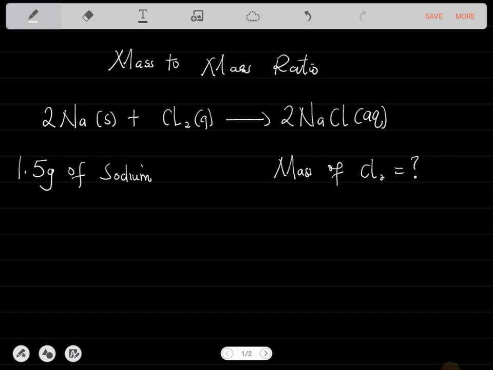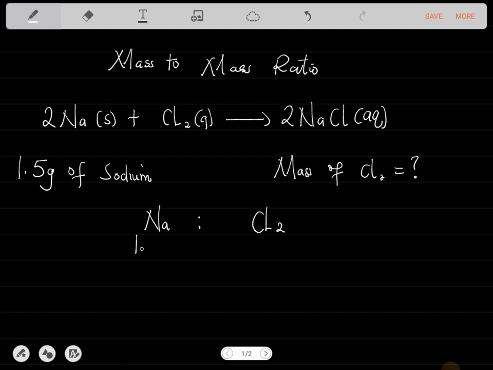ratio. So mass to mass ratio allows you to compare the masses of reacting parties. So in this case, we've got sodium, so you put sodium there in ratio to chlorine. Are we together, right? You get the mass of the first element that has been given.